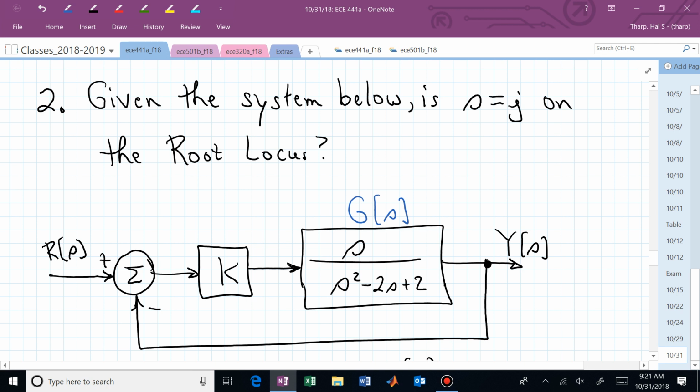This one you're going to maybe have to think a little bit more on, but you're going to have to factor that denominator. I would probably pull out a piece of paper. I don't know if I could do this in my head, but maybe I could.